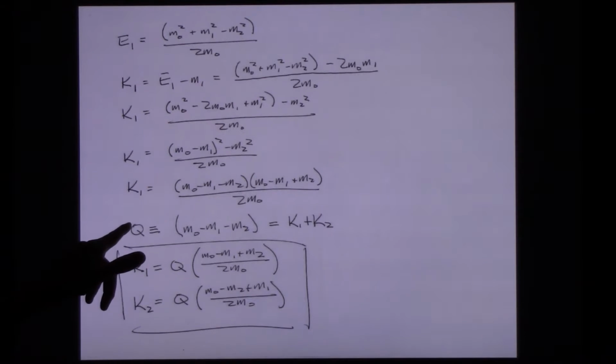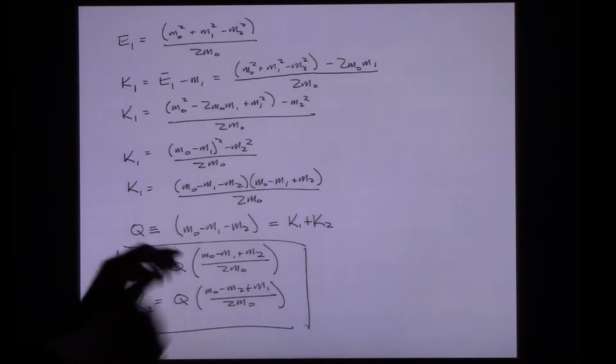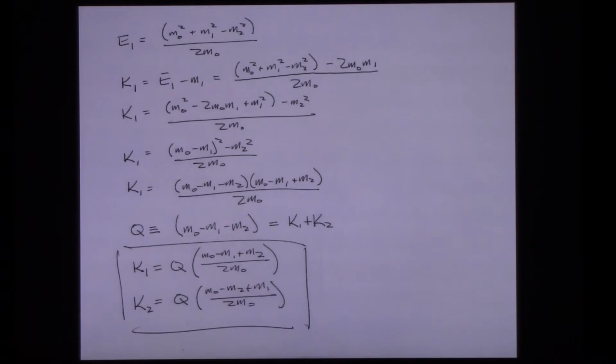It's saying that Q is the combined amount of kinetic energy of both particles, and then the expressions here tell us how that divides up. Of the available energy, how much becomes K1 and how much becomes K2? Which particle gets more of the kinetic energy?